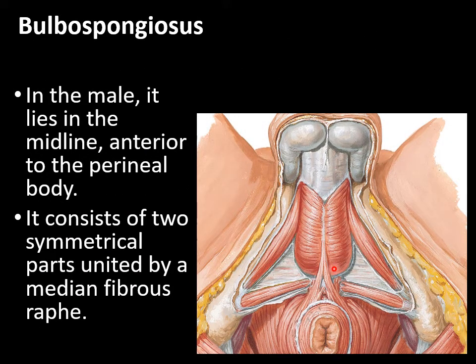Then let me discuss the bulbospongiosus. As I told you earlier, it is present at the midline. In the male, it lies in the midline anterior to the perineal body, and it consists of two symmetrical parts united by a median fibrous raphe. Here you can see the perineal body, and this is the median fibrous raphe.